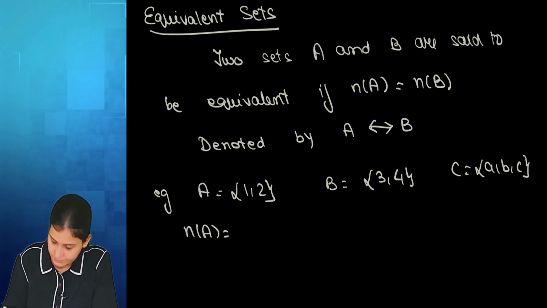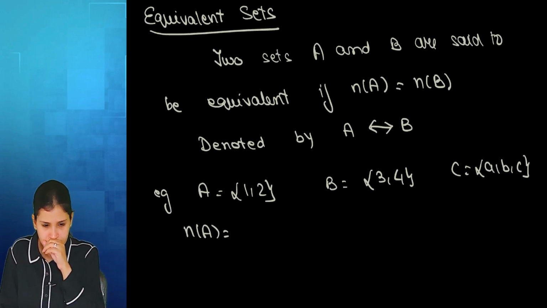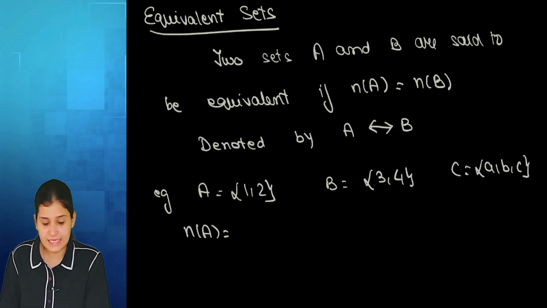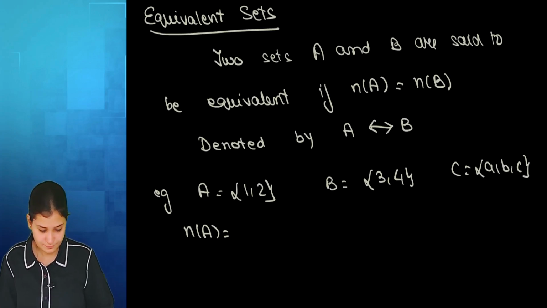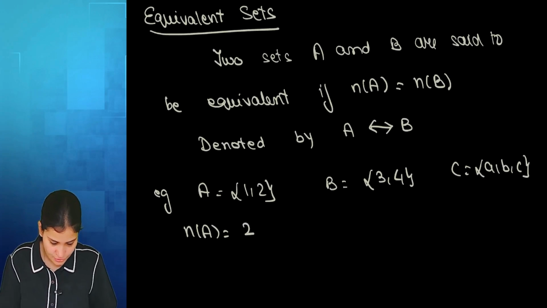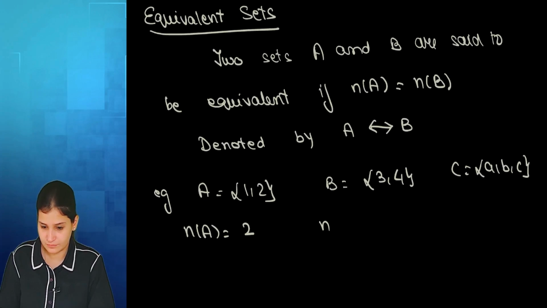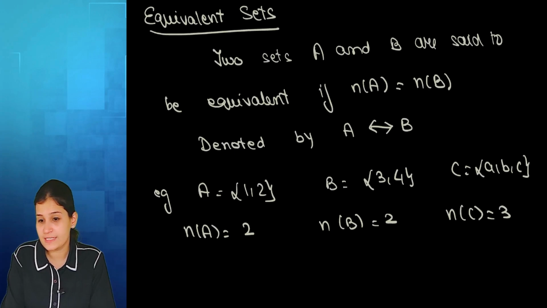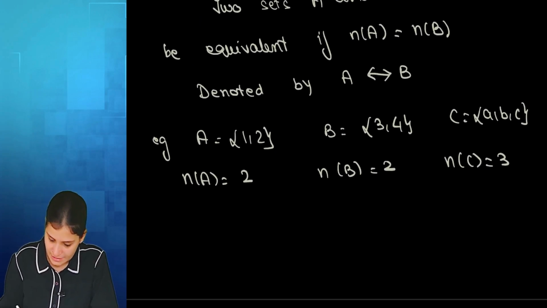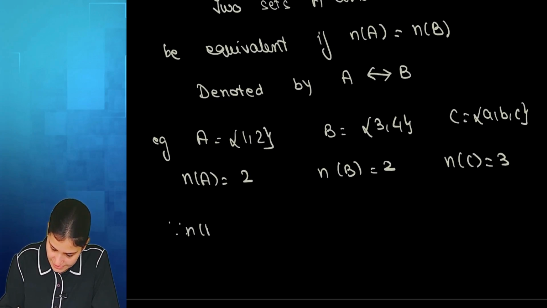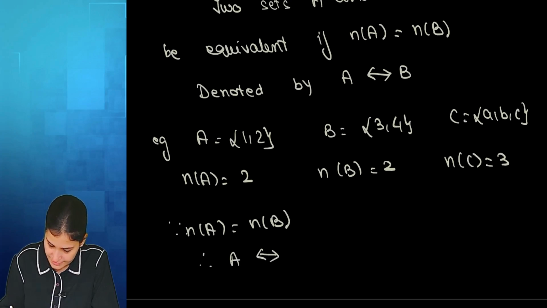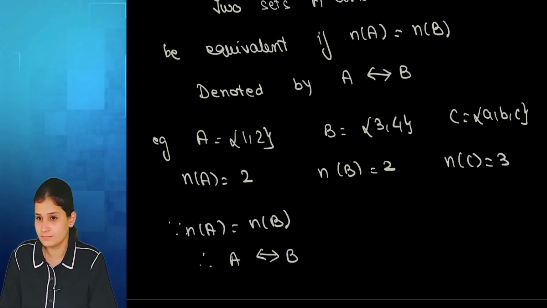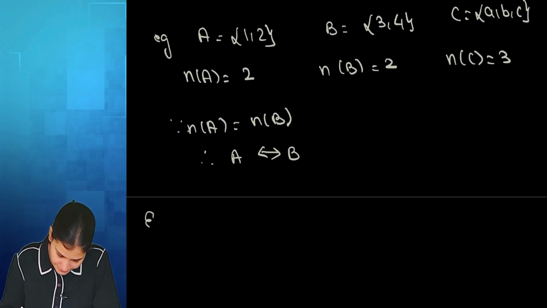Cardinality of A is 2, number of elements are 2. Cardinality of B, 2. Cardinality of C, 3. So the sets which have the same cardinality are known as equivalent sets. Since the cardinality of A is the same as the cardinality of B, therefore A is equivalent to B. Equal sets.